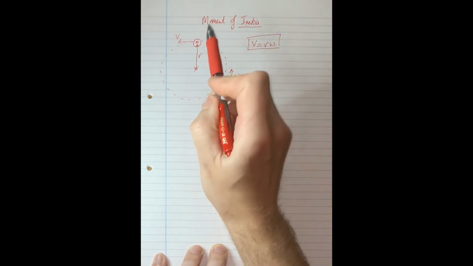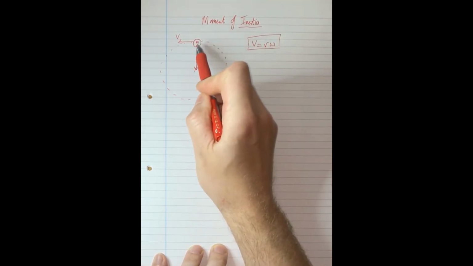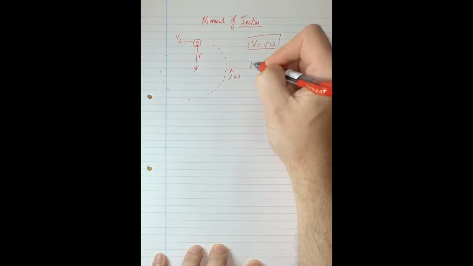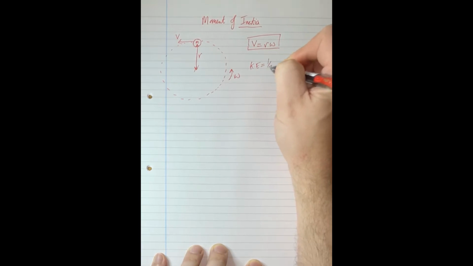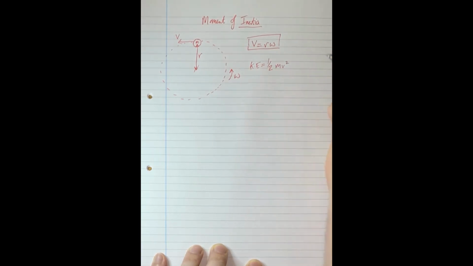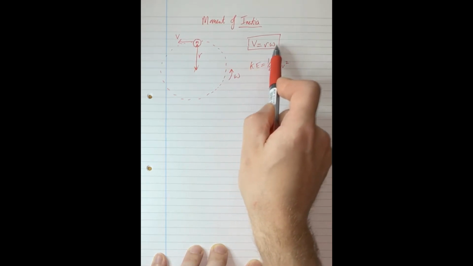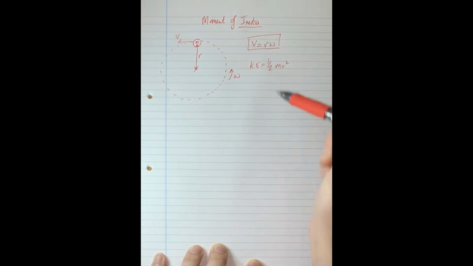What we're going to talk about is the kinetic energy this has. In terms of linear motion, the kinetic energy is equal to half mv squared. But if I replace the velocity v with r and omega, we get half m times (r omega) squared.